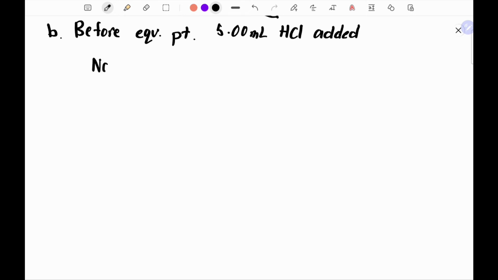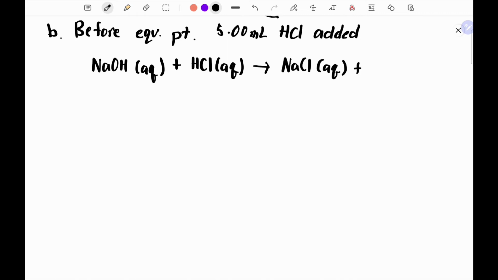That's sodium hydroxide reacting with hydrochloric acid to form sodium chloride, the salt, and water. Because there is more sodium hydroxide before the equivalence point than hydrochloric acid, hydrochloric acid is sort of a limiting reagent, meaning that at the end we have excess sodium hydroxide.